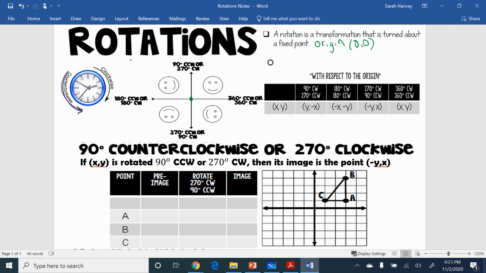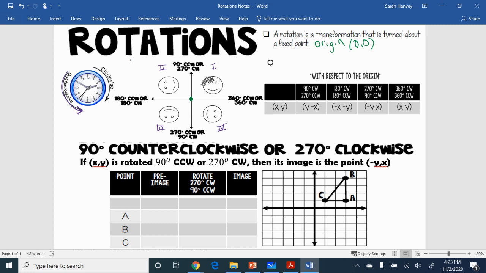So we always go from quadrant 1, this is quadrant 2, this is quadrant 3, sorry, that's a Roman numeral 3, and this is quadrant 4. So we typically go in this direction when we're talking about it.